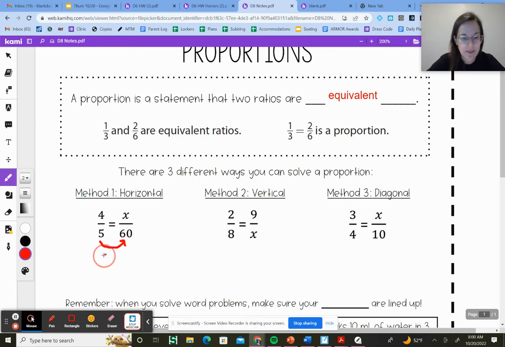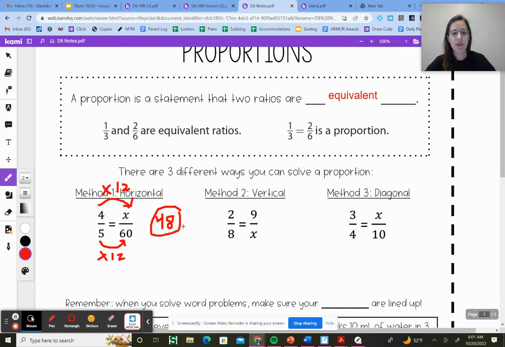It goes from 5 to 60, and I know that is times 12. So then you would do the same thing on the top. You would do 4 times 12, and that would be 48. So x equals 48. I call that the horizontal method because you're just going straight across.